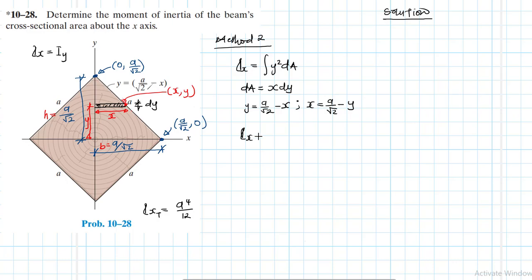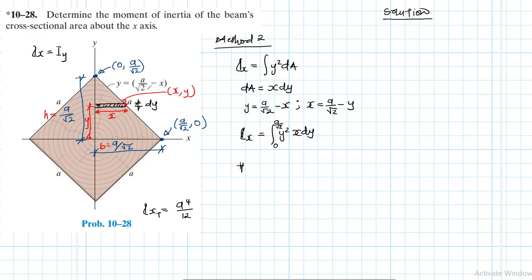Therefore, our moment of inertia about the x-axis will be equal to integral of y squared, our dA is just x dy. Okay, so we are going to be integrating from 0 to this maximum point here, and integrating along the y-axis to a over root of 2.